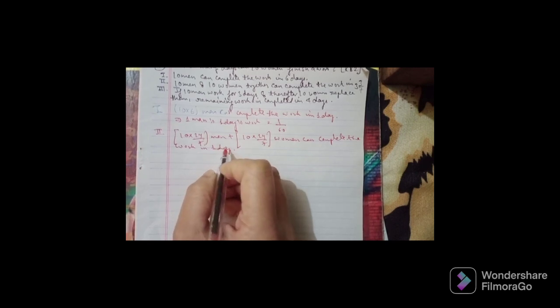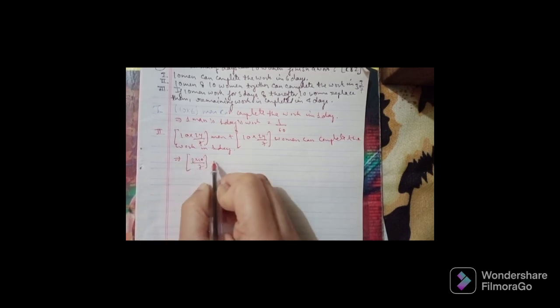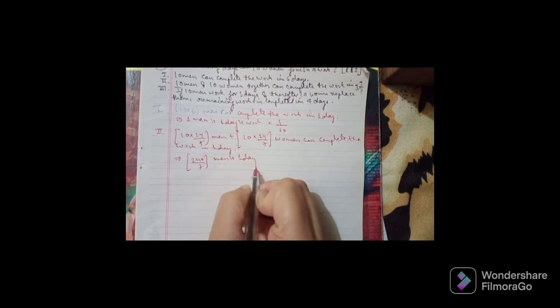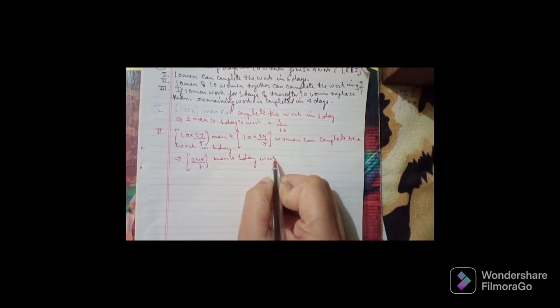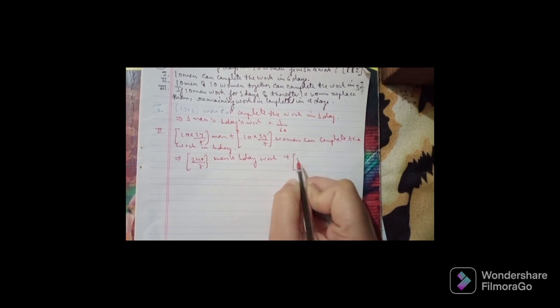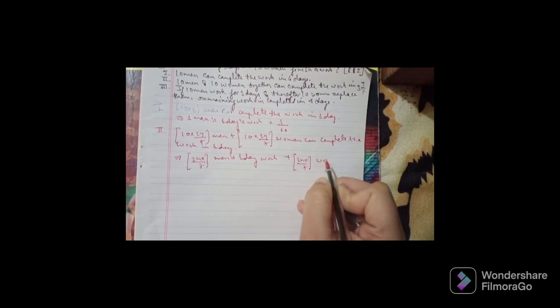So 240 by 7 men's 1 day's work plus 240 by 7 women's 1 day's work equals 1.